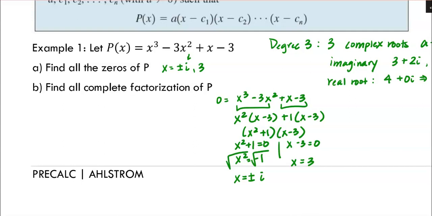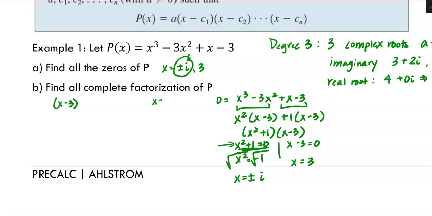Okay, now the complete factorization: x minus 3, but we have to show this as a factor. This is not sufficient. That's not factored. x squared plus 1 is not shown as a multiplication of two factors. So how do I do this?